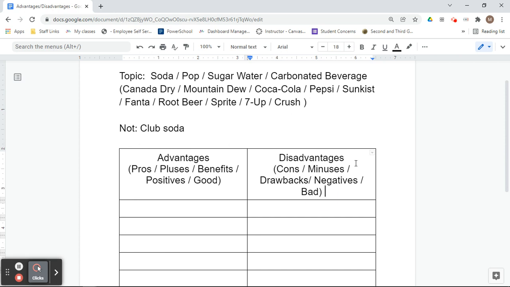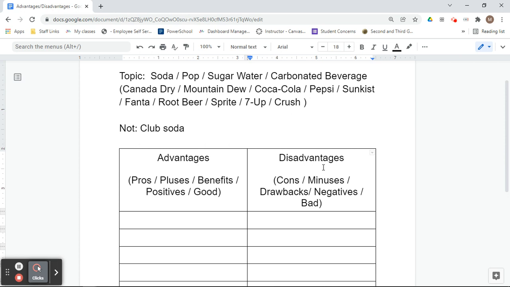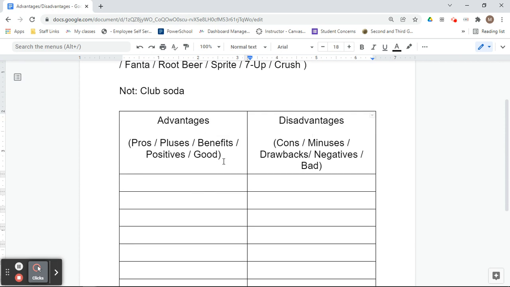Depending on how you want to describe something, these are synonyms for advantages and for disadvantages. I want to use more advanced language. You want to stay away from words like good and bad because they're not high level vocabulary words. Pluses and minuses also sound low level.